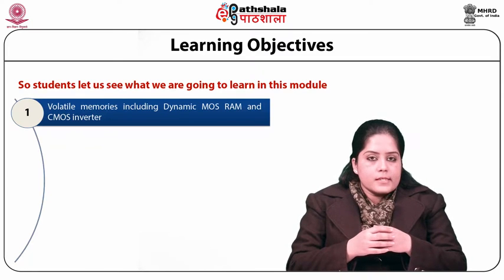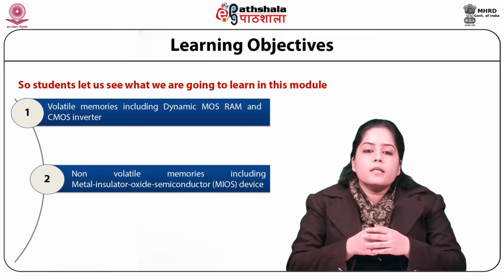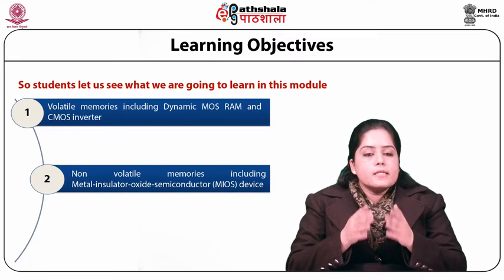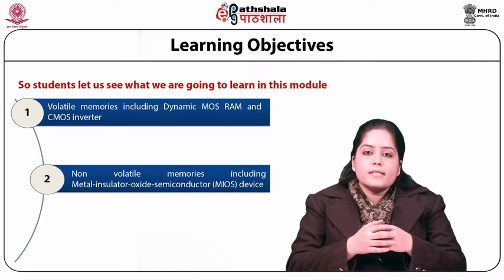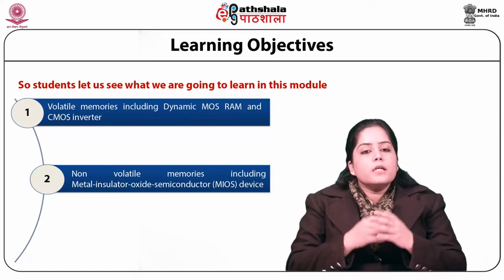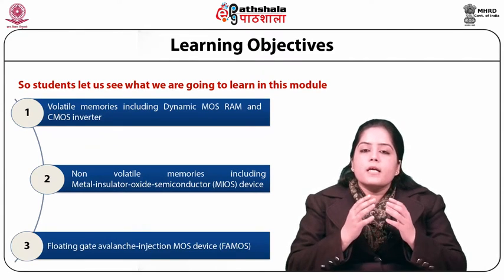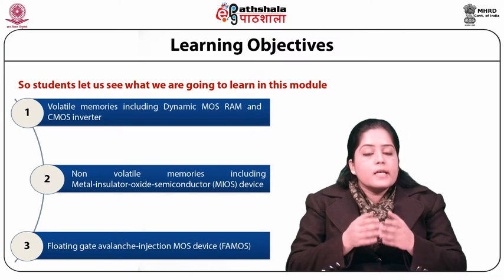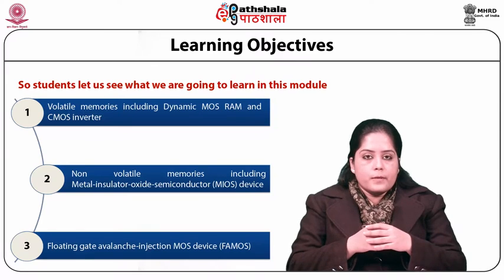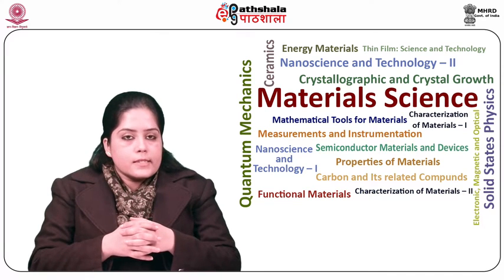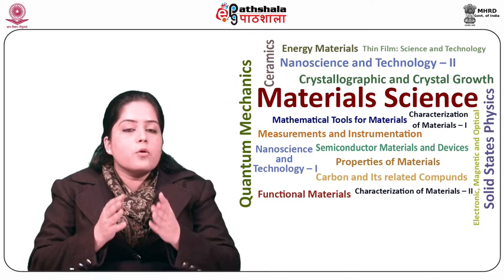Secondly, we will discuss the non-volatile memories, including Metal-Insulator-Oxide-Semiconductor MOS device. Thirdly, we will also discuss the floating gate avalanche-injection MOS device, FAMOS. So students, let us start with a basic introduction about the module.